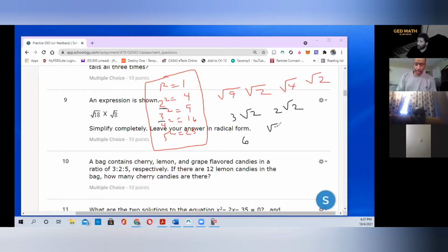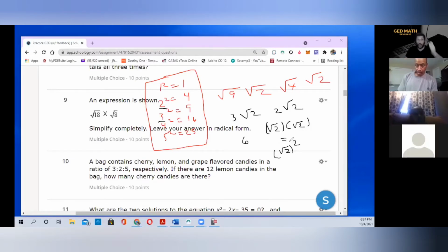And then the square root of 2 times the square root of 2 is the same as the square root of 2 squared. Well, what did I tell you about square and square roots? They're inverse operations, so they cancel each other out. This is one of the first 5 questions.